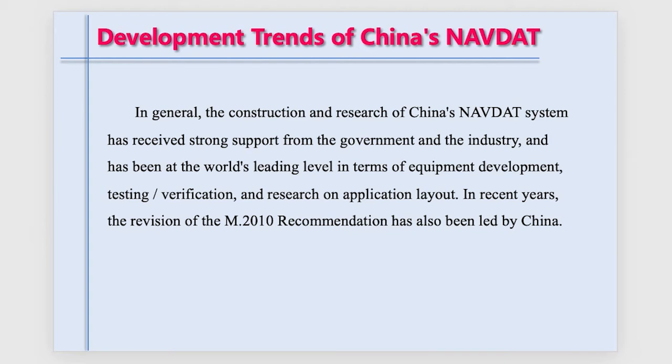In general, the construction and research of China's NAVDAT system has received strong support from the government and the industry, and has been at the world's leading level in terms of equipment development, testing, verification, and research on application layout. In recent years, the revision of the M.2010 recommendation has also been led by China.